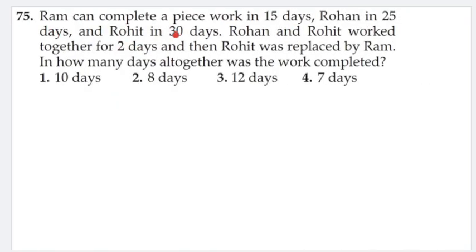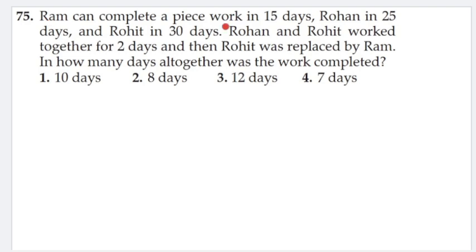Ram can complete a piece of work in 15 days, Rohan in 25 days, and Rohit in 30 days. Rohan and Rohit worked together for 2 days and then Rohit was replaced by Ram. In how many days altogether was the work completed? So first what is given here?